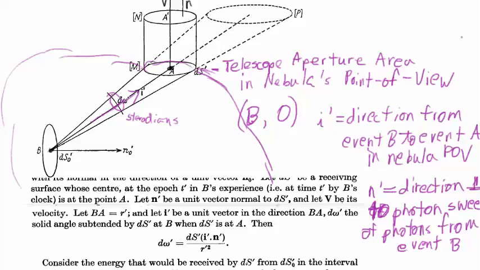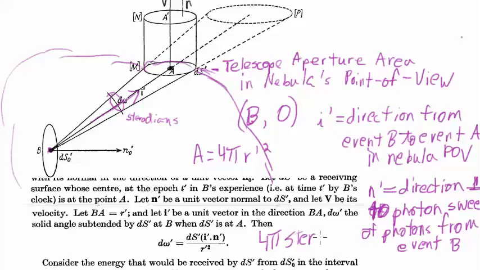Well, actually, the whole surface area would be 4 pi r prime squared, if this event sends out emissions in all directions. But that surface area would be a measure of 4 pi steradians.